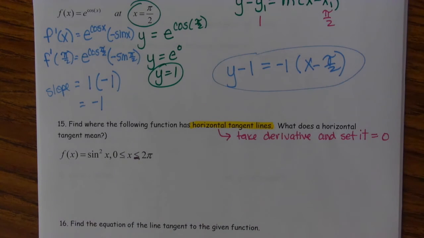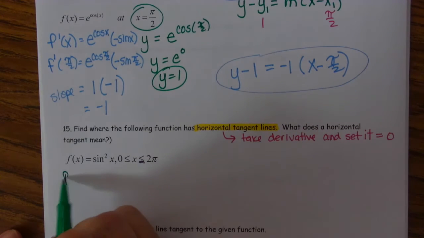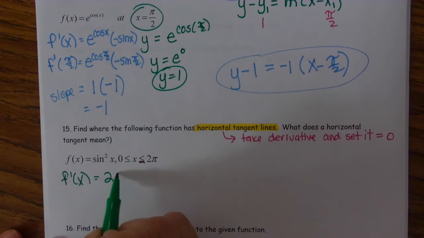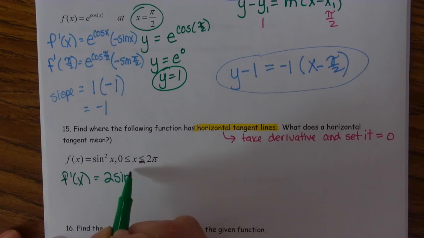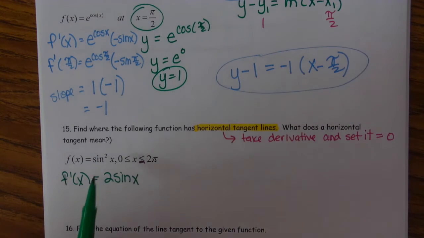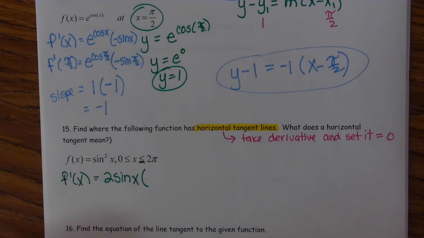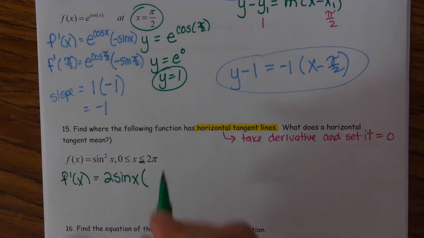All right. What's the derivative of sine squared x? See if we can do this. We pull the 2 to the front, 2 sine x. We go down to a 1. And now we have to take the derivative of the inside, which is the derivative of sine. And what's the derivative of sine? Cosine.